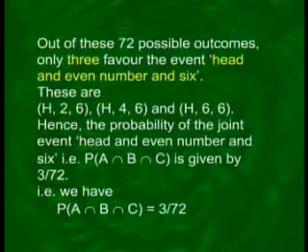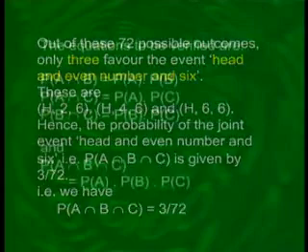Out of these 72 possible outcomes, only 3 favor the event head and even number and 6, and these 3 are H26, H46 and H66. Hence, the probability of the joint event head and even number and 6, that is, the probability of A intersection B intersection C, is given by 3 by 72.